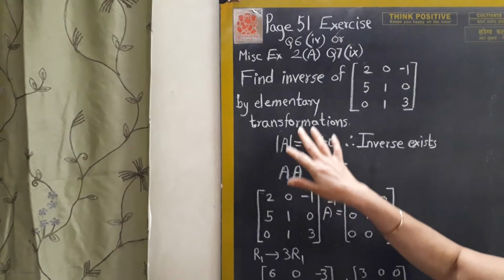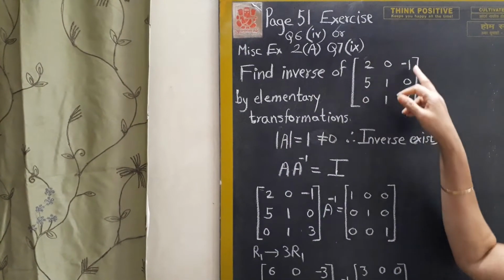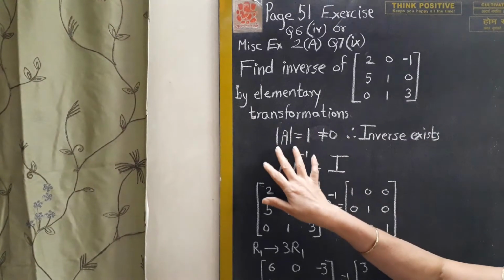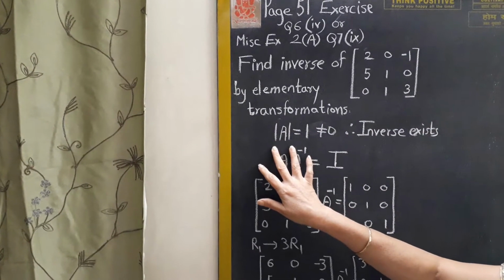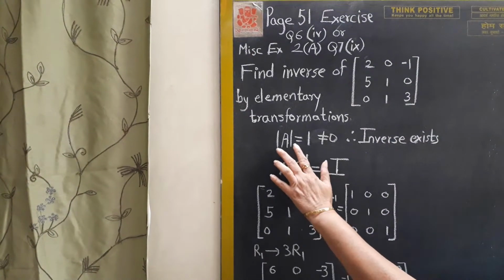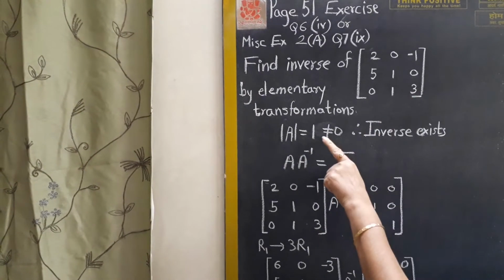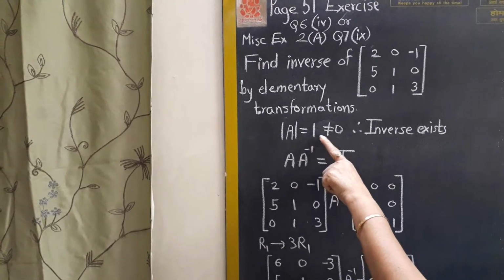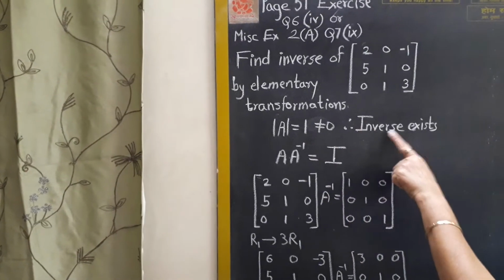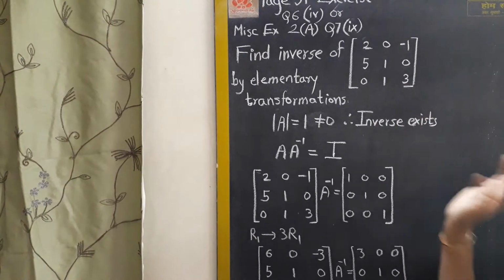First of all, the step is whether the inverse exists or not, and that is why we will have to find the determinant of the corresponding matrix. The value of the determinant, you know how to find it, which we get as 1 here. You can always check it, which is not equal to 0 and hence the inverse exists. So the matrix is invertible.